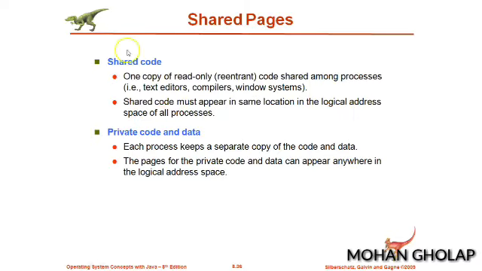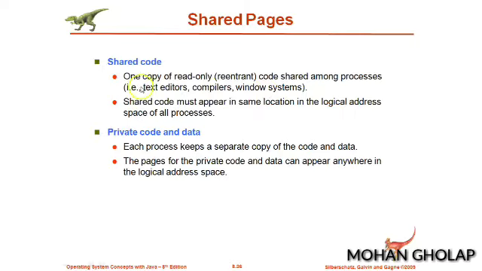The shared code must appear in the same location in the logical address space of all the processes. The reentrant code is non-self-modifying code and it never changes during its execution. Thus, two or more processes can execute the same code at the same time, so the shared code can be shared among all the different processes at the same time.